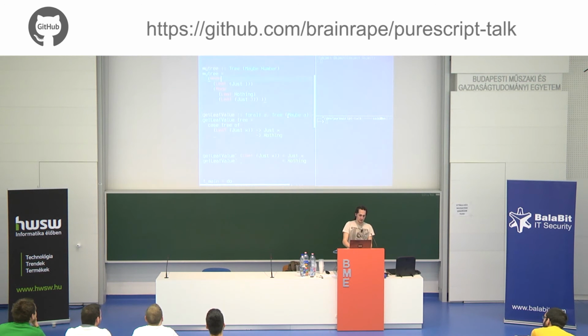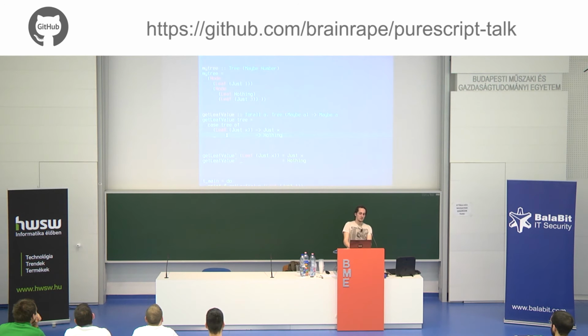There's a little function that demonstrates pattern matching. So this getLeafValue function takes a tree, and if the tree is a leaf with a number, then it will return just that number. And if it's not a leaf, it's a node, then it will return nothing.